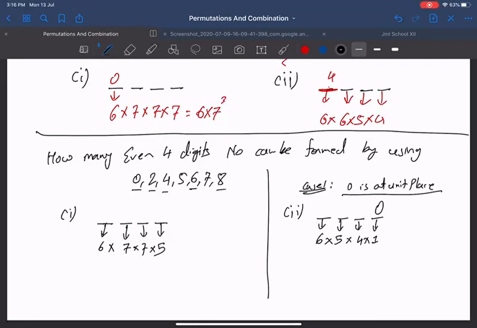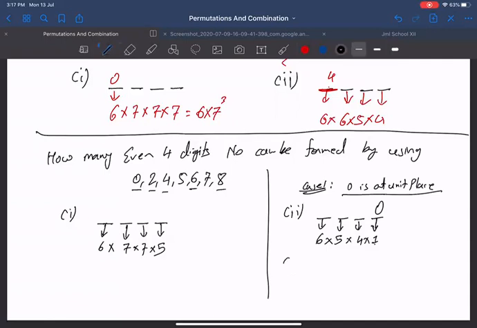Yes, sir. 0 at unit place, that can be fixed by one option only. 0 डाल और कुछ नहीं. तो इस प्लेस के लिए मेरे पास 6 ऑप्शन हैं, because I have to choose from this. I cannot have 0, because 0 is already there, and I cannot use the one which I've used already here. Sir, I am understanding everything now. Okay, good. So there are 5 options and then 4 options here. Okay, fine. Now, suppose case number 2.